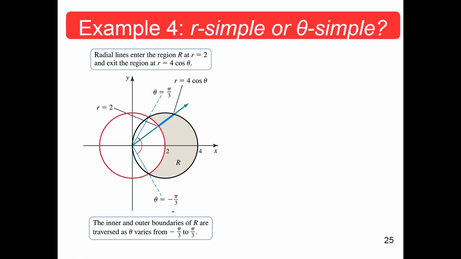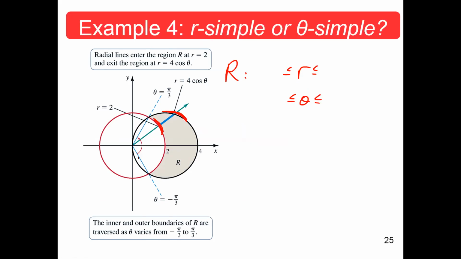So it looks like theta needs to be bounded by these two straight lines, right? Theta will be bounded by negative pi over 3 and pi over 3. And for the radius, first of all, it intersects this curve, which is 2. Secondly, it intersects this curve, which is r equals 4 cosine theta. So I can express this region R with the description of a radius and a theta.